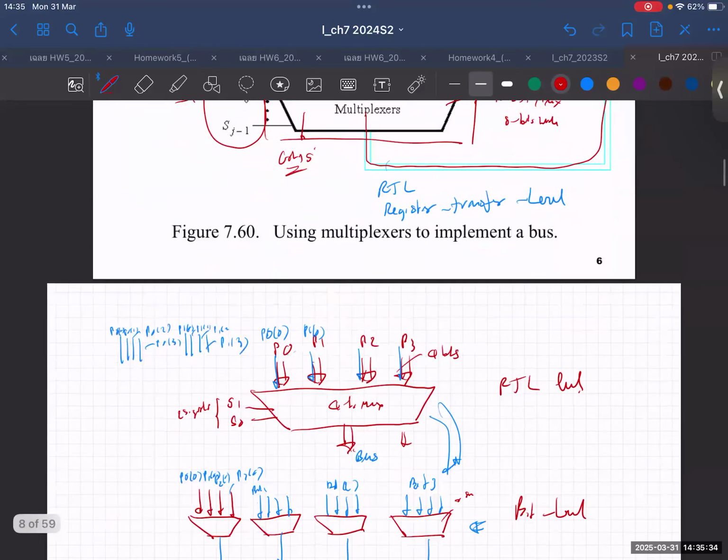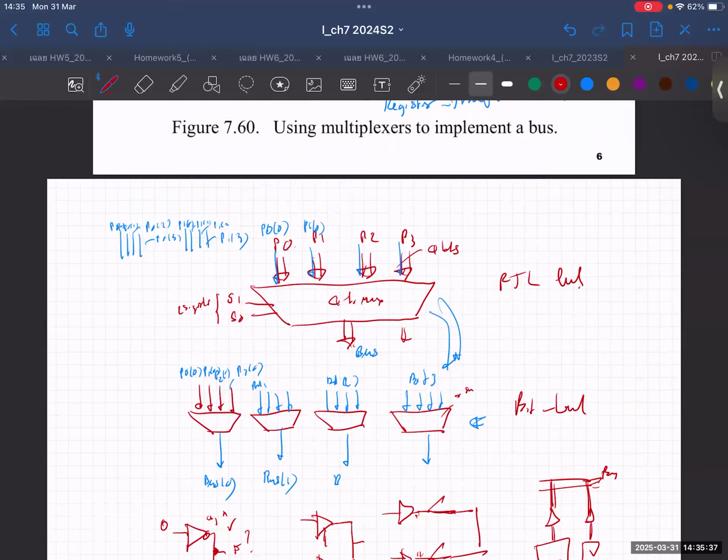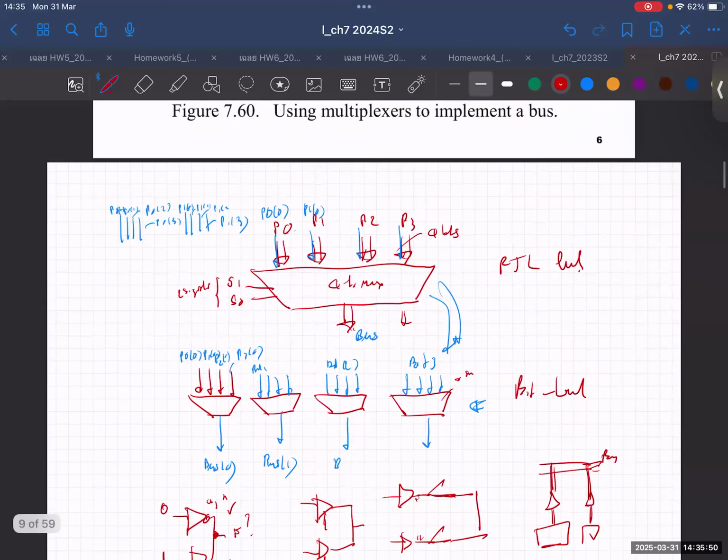Because the algorithm is still the same. You have to move R2 to R3, R1 to R2, and R3 to R1. But the signals that you need to control are different. Still the same job: R3 to R1 first, then R2 to R1 to R2, and then followed by R3 to R1.